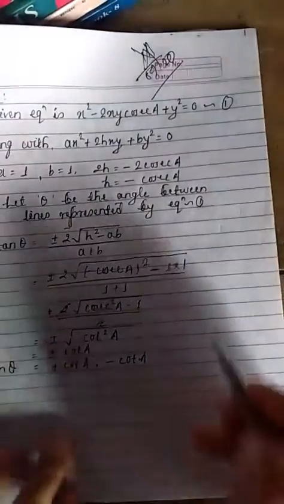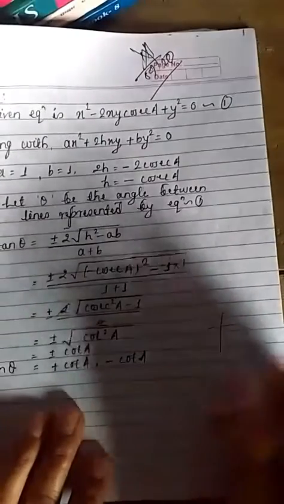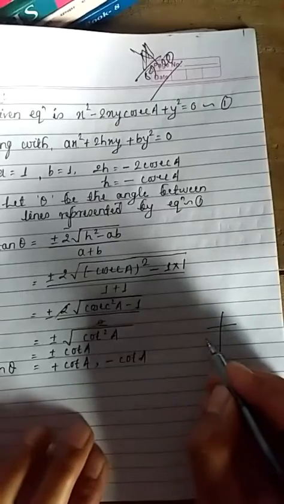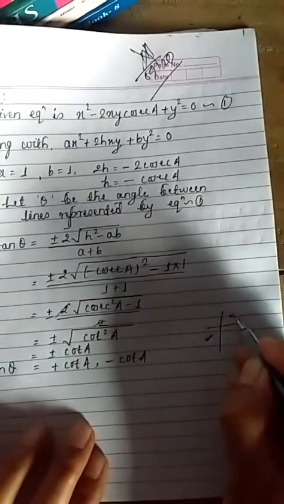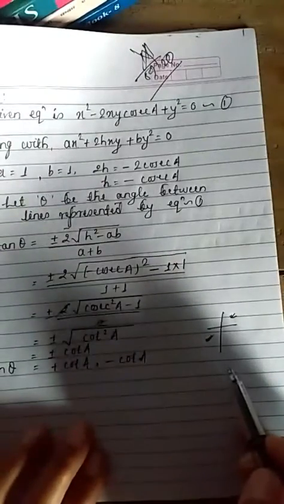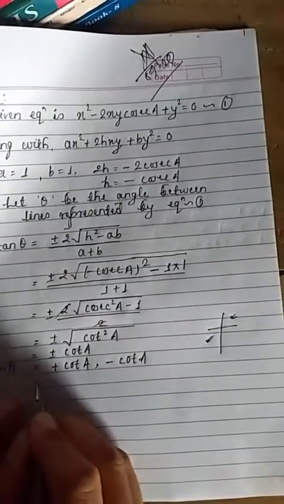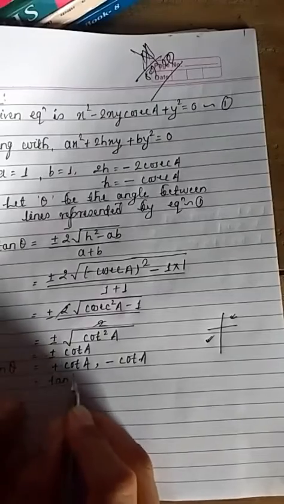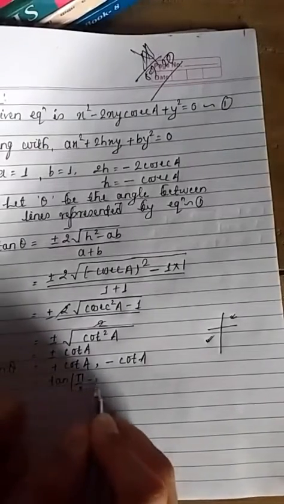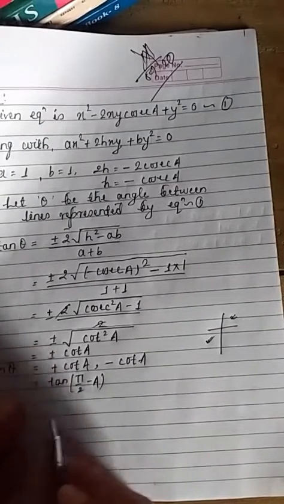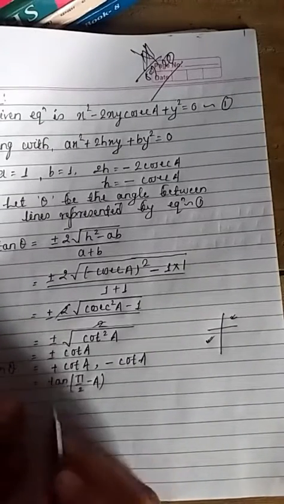Now see the quadrants here. This is the first quadrant, second quadrant, third quadrant, and fourth quadrant. In the first and third quadrants, tan is positive. So for the positive part we use tan of pi by 2 minus a. Tan of 90 degree minus a is cot a, isn't it?